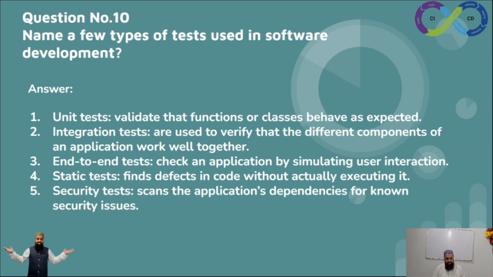End-to-end tests check an application by simulating user interaction. Static tests find defects in code without actually executing it. And security tests scan the whole code and the application dependencies for known security issues or vulnerabilities. So these are 5 different tests that are carried out depending on the pipeline or depending on the code.